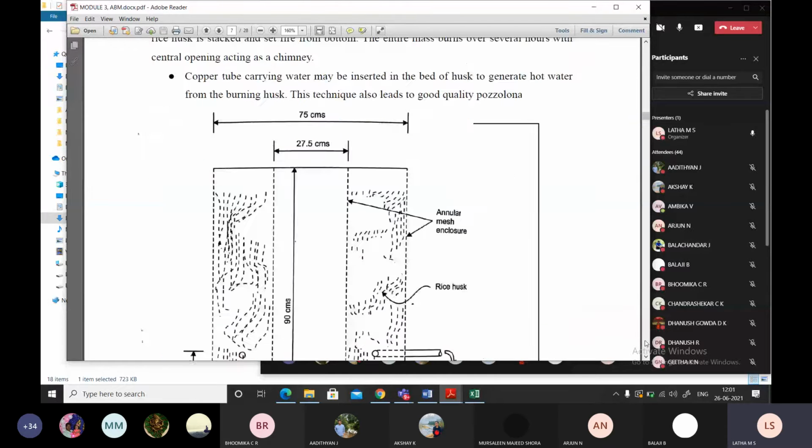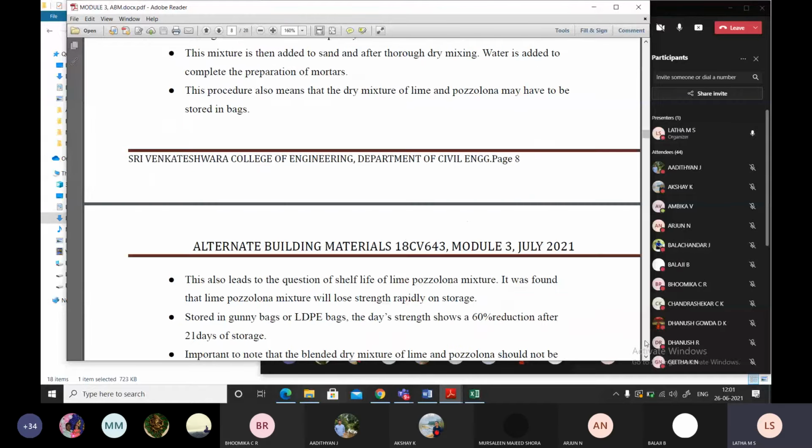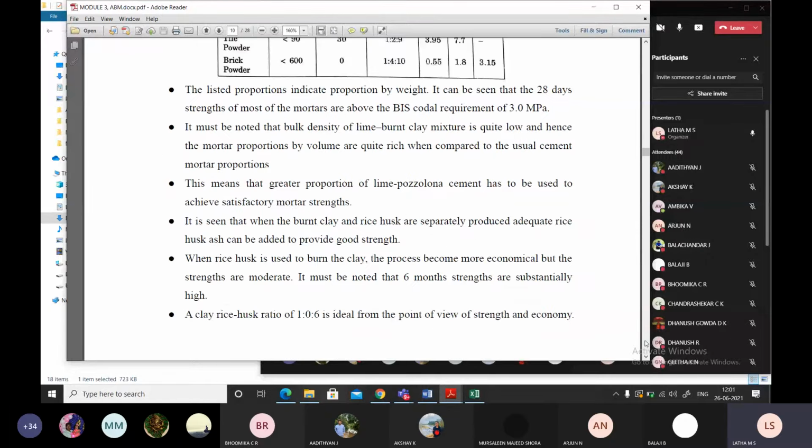Then you studied the dry blending process and the wet blending process of the pozzolana for the mortar mix. Then you studied the properties of mortars for different proportions using alternative materials.